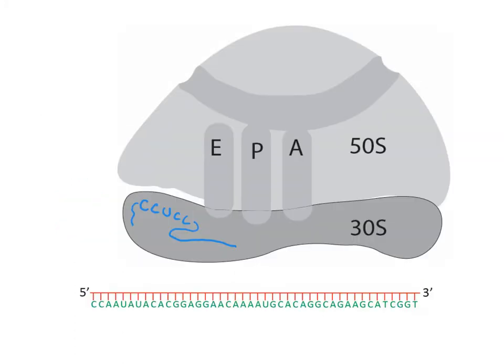In fact, the ribosome places itself onto the RNA at a sequence at the start of the RNA called the ribosome binding site, for obvious reasons, or the Shine-Dalgarno sequence. Shine and Dalgarno were the two people who first proposed that this sequence was where the ribosome docked onto the messenger RNA.